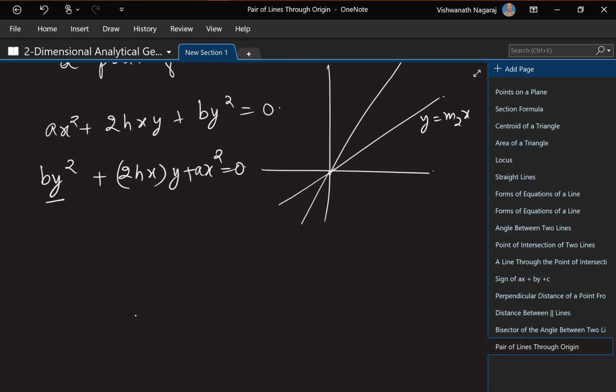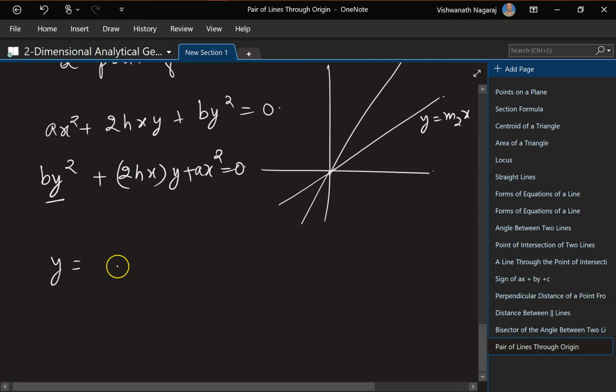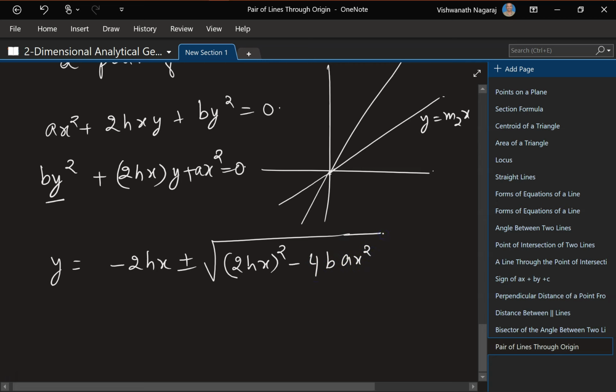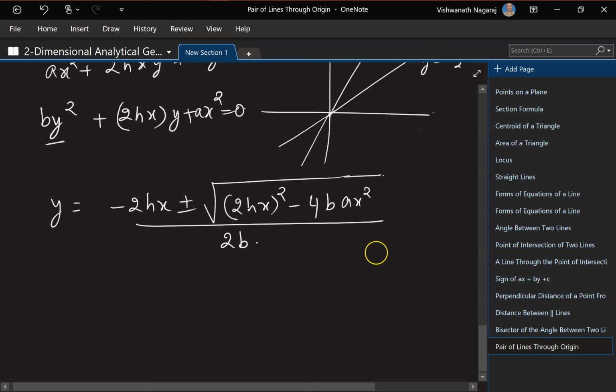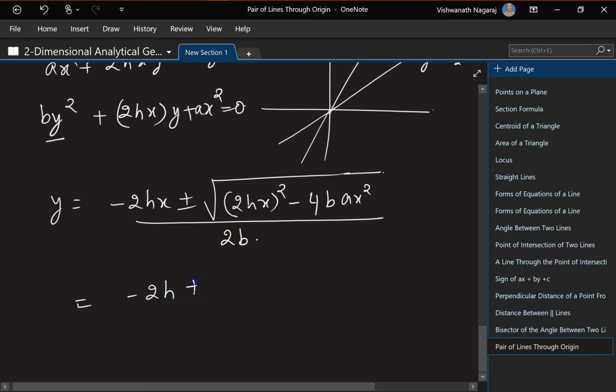So y would be equal to minus b, that is minus 2hx, plus or minus square root of b square, so that is (2hx) square minus 4ac. Here 4 times a is b and c is ax square, divided by 2a. Here a is b. Okay, so let's see how we can simplify it.